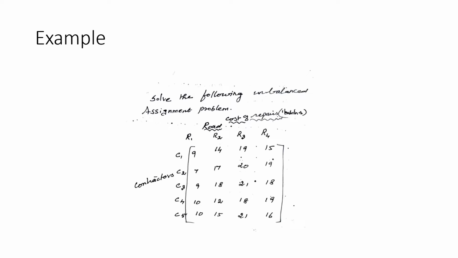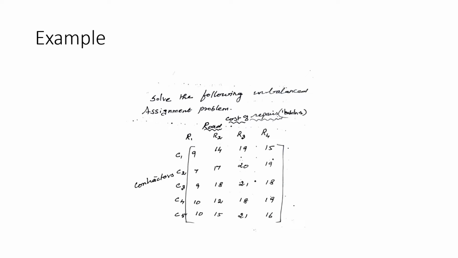Here we are going to solve one unbalanced assignment problem. Look at this slide. There are 5 rows and 4 columns given. The 4 columns are R1, R2, R3, R4, and the 5 rows are C1, C2, C3, C4, C5.